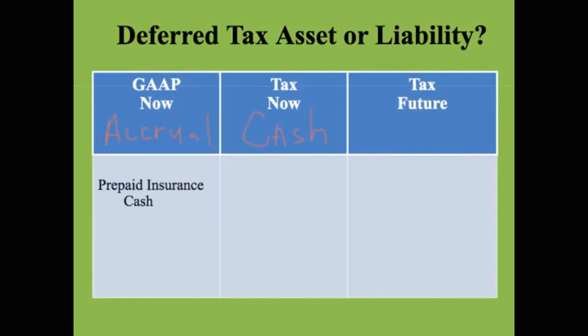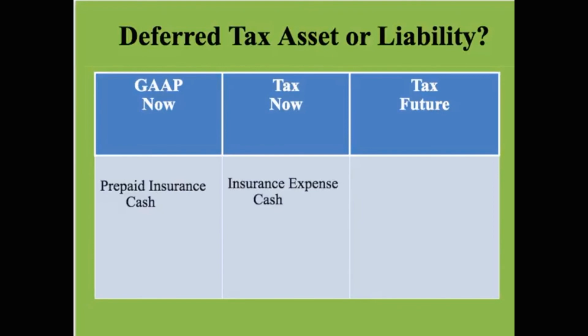On your books, you will debit prepaid insurance and credit cash. There's actually no effect on your net income right now. Why? Both are assets. When you look on the cash basis, you will have to expense full amount. Why? It's cash, and you spend cash, so it must be your expense. So it will drive your taxable income low currently.